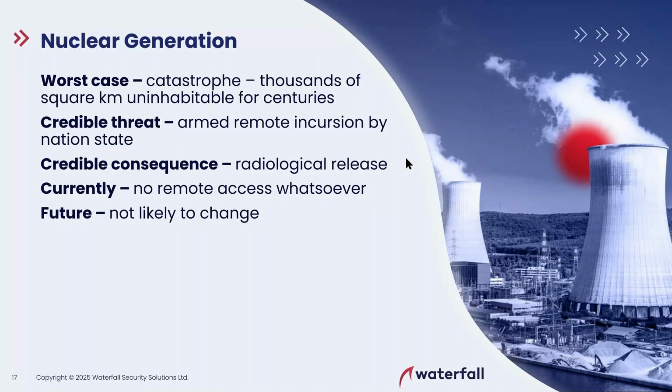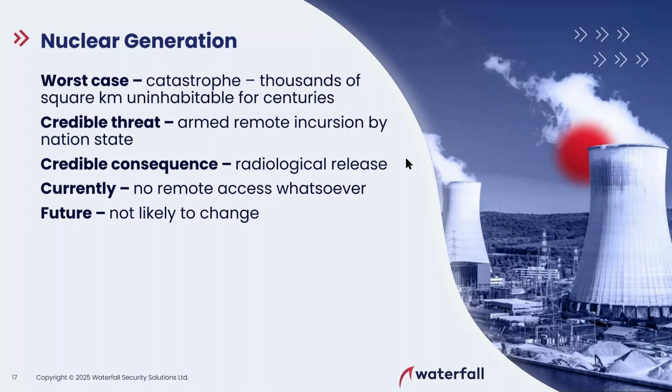But we're talking about remote access here. Let's look at remote access specifically in the nuclear generation case. Let's talk about the difference real quick between a disaster and a catastrophe. A disaster is where a hurricane comes in and the local governors of the local provinces or states, three of them, declare a state of emergency, and the federal authorities come in, the army comes in and helps out with recovery.